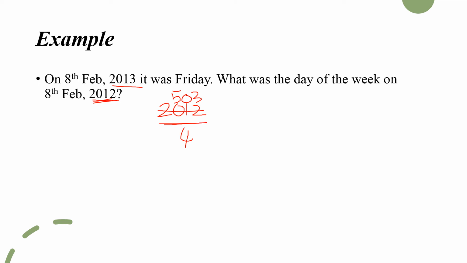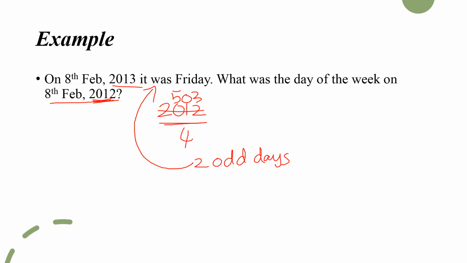We already know that a leap year consists of 2 odd days. So, we simply subtract this 2 from Friday, and it gives you the day of the week on 8th February 2012, because from 2012 to 2013 it is a 1 year gap.